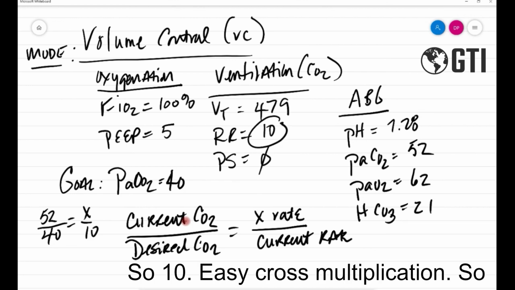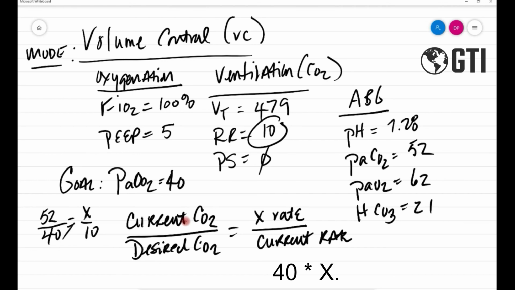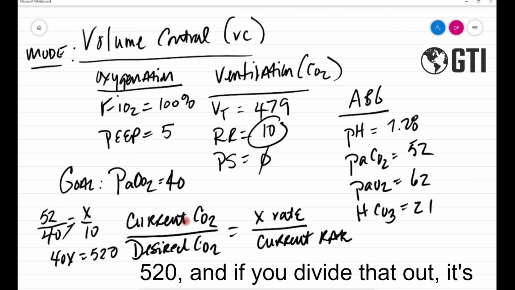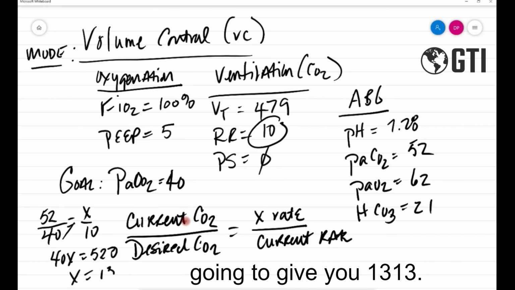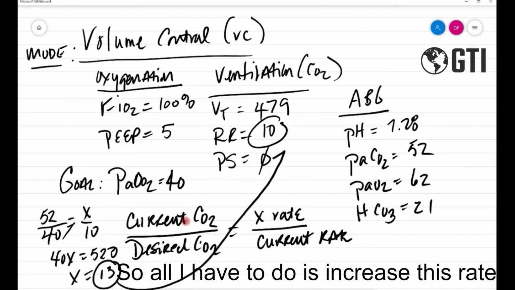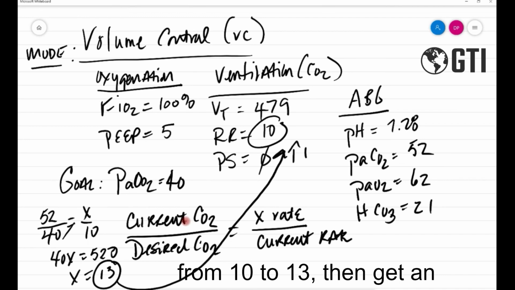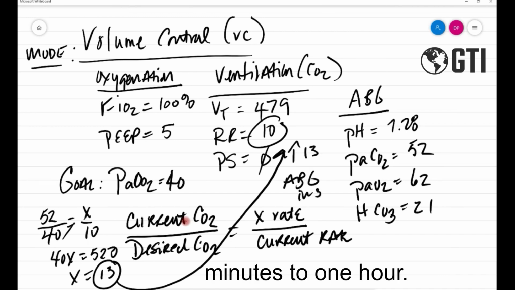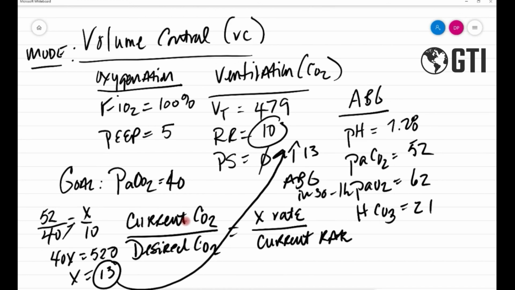Easy. Cross multiplication. So 40 times x equals 52 times 10, which is 520. If you divide that out, it's going to give you 13. So all I have to do is increase this rate from 10 to 13, then get an ABG in 30 minutes to 1 hour.